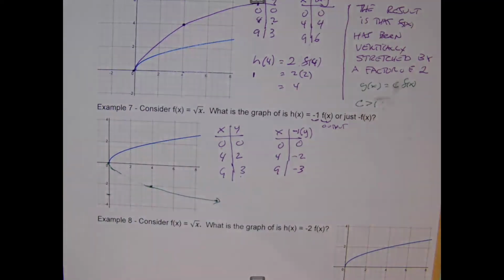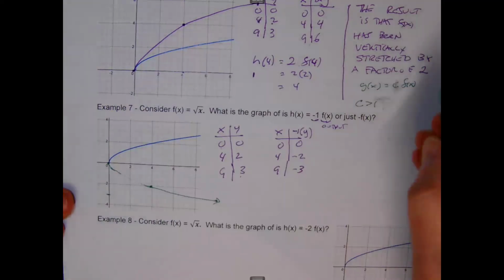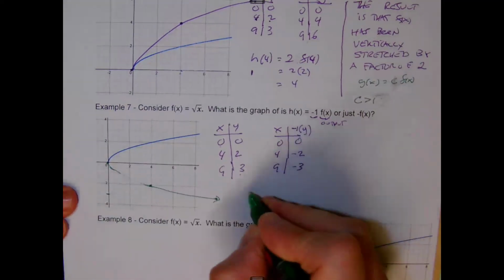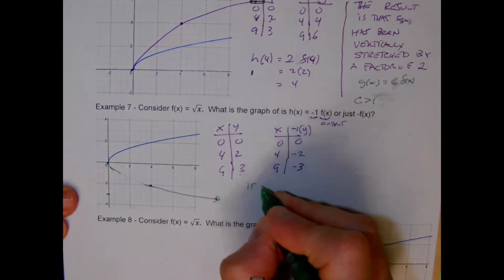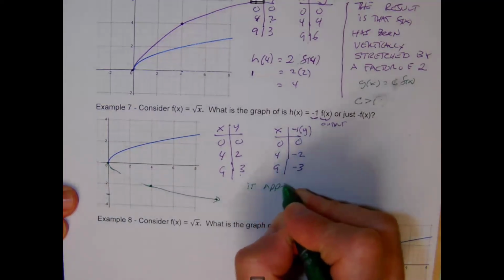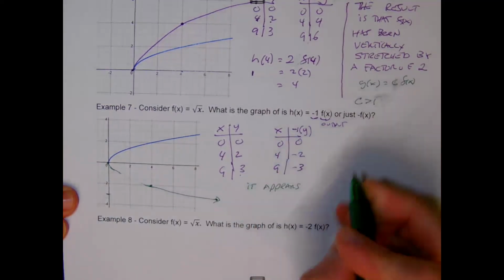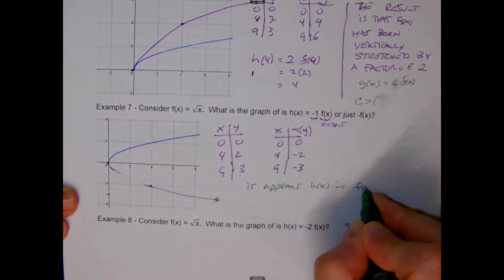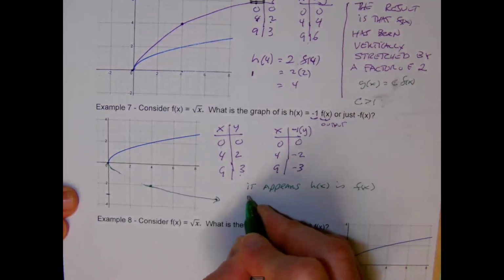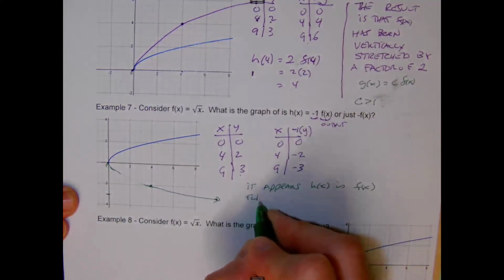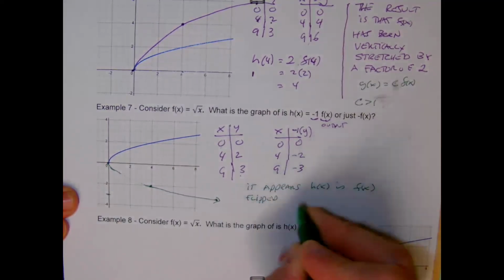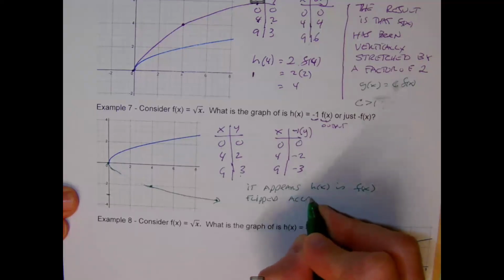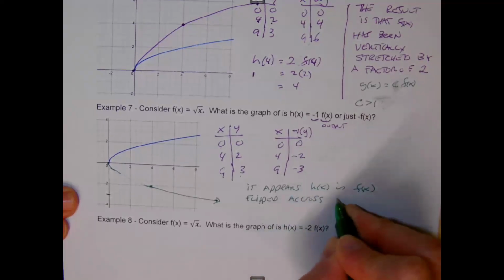So what does it look like multiplying by -1 did? It appears this h of x is f of x flipped across the horizontal axis.